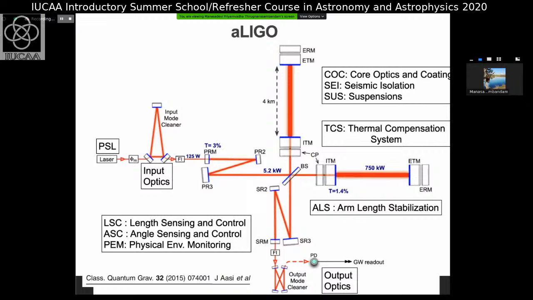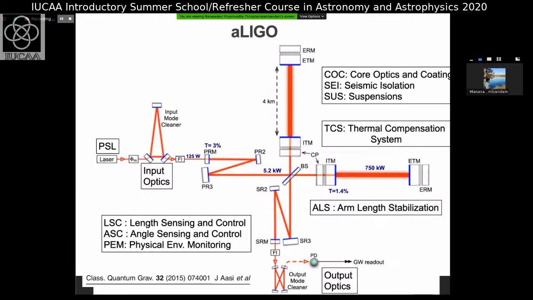The ETMs are the actual test masses that respond to the incoming gravitational wave. And then we have the ITMs that make the Fabry-Perot arms of the Michelson interferometer. And these actually recombine, and then at the output, you have the signal recycling mirror.